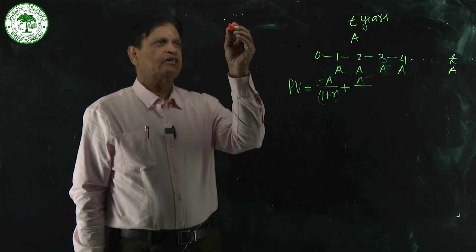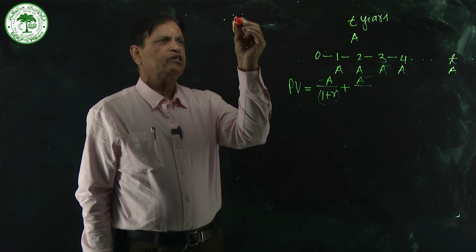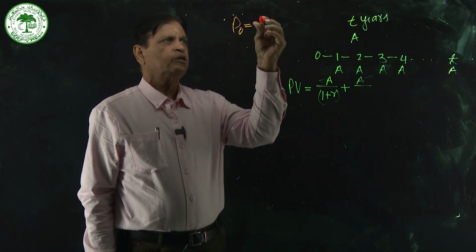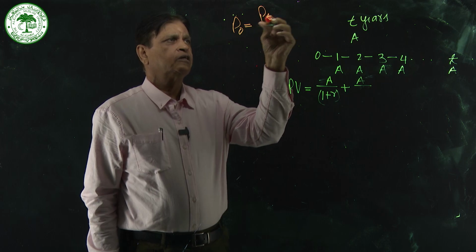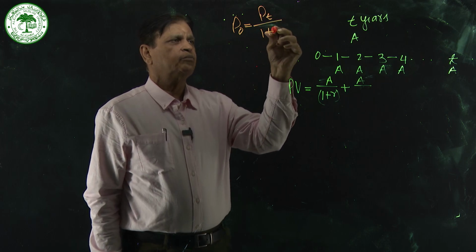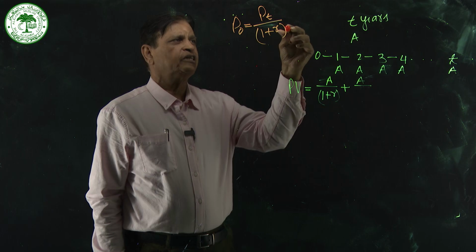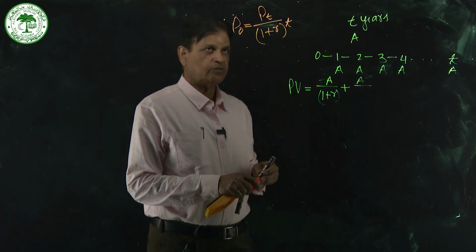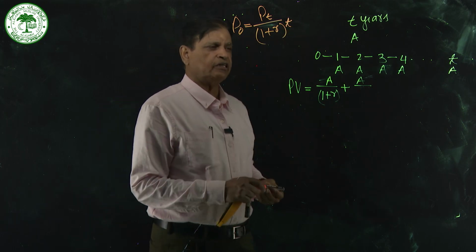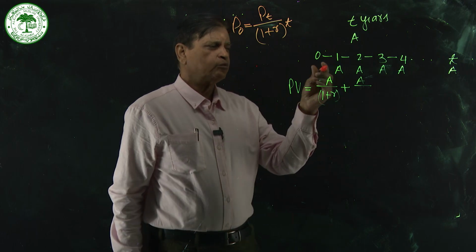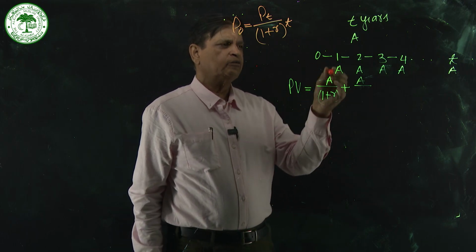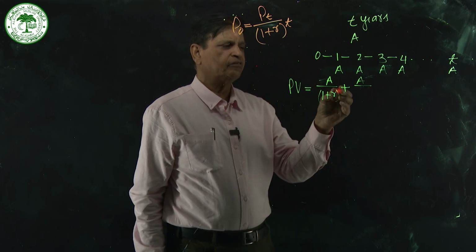The formula is very simple. That is P0 that we just wrote: it is PT divided by 1 plus R raised to the power T. This is the formula that we are using for calculating the present value. So the present value of this is for 1 year only, so T takes the value 1.